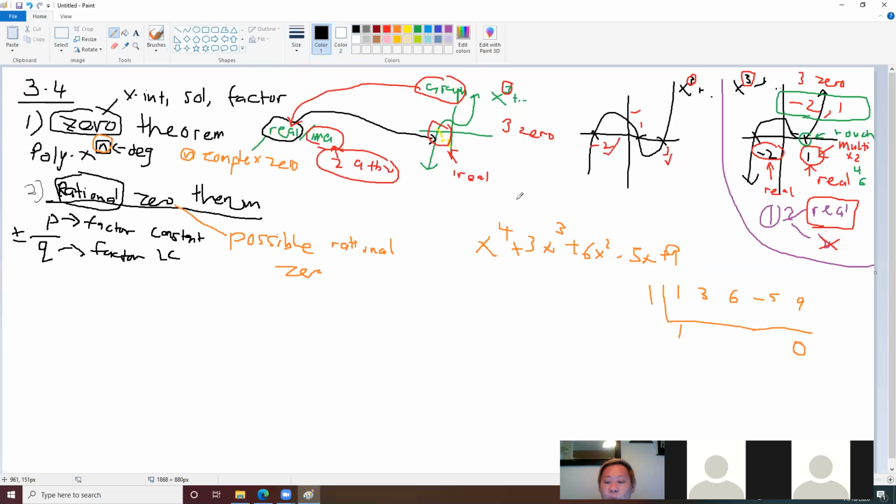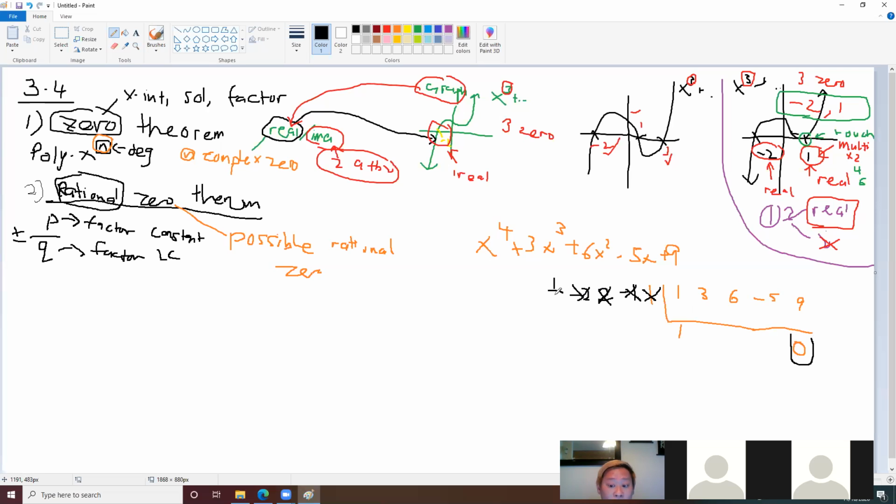And if 1 doesn't work, you have to try -1. So it's like a jigsaw puzzle or Sudoku that you guys play. It's like trial and error. So you have to play with all these numbers until you end up with a 0 in here. Do you know how many times you're going to try it? If 1 and -1 don't work, you have to try 2. If 2 doesn't work, -2.